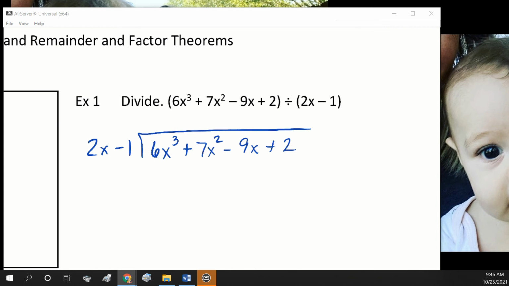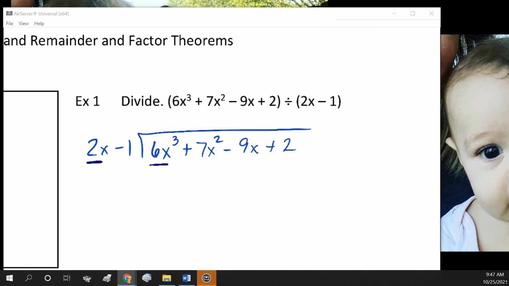All right, so when we do the division step on polynomial long division, we only care about the first terms. So for now, we're going to kind of ignore the -1 in the divisor and then the 7x squared, all that. We're only going to focus on 6x cubed divided by 2x.